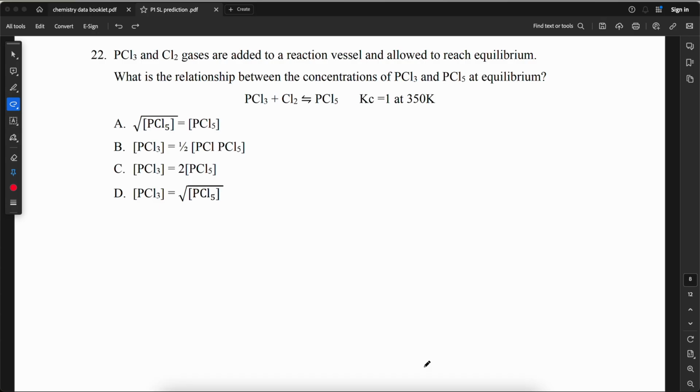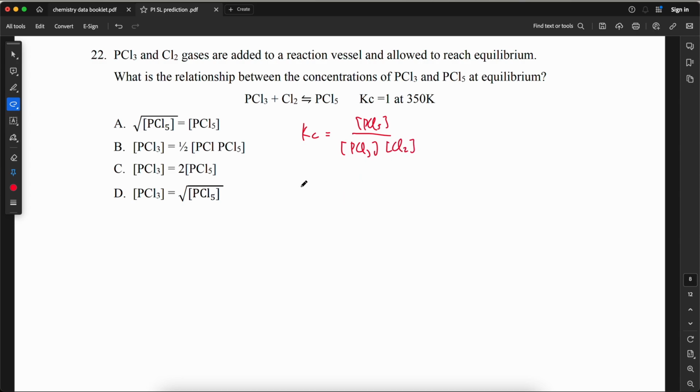PCl3 and Cl2 gases are added to a reaction vessel and allowed to reach equilibrium. What is the relationship between the concentration of PCl3 and PCl5 at equilibrium with Kc equal to 1? The equation would be the concentration of PCl5 divided by the concentration of PCl3 and Cl2.